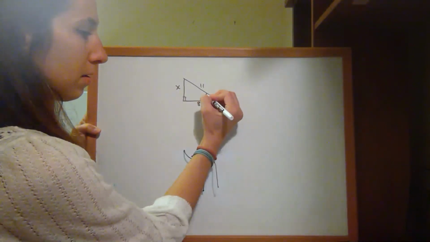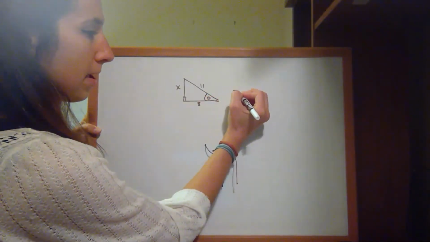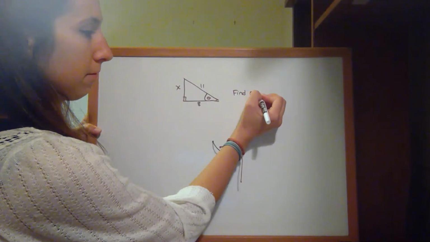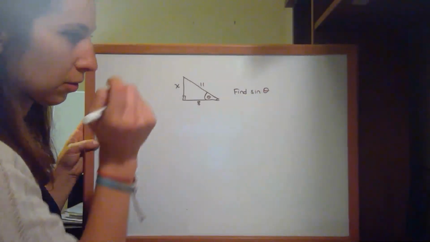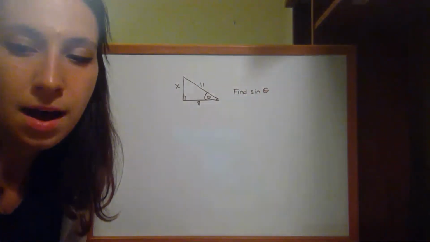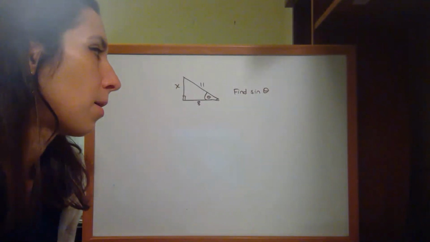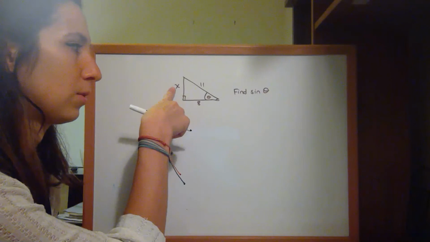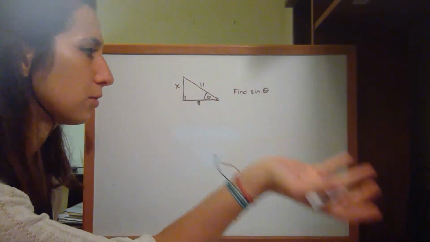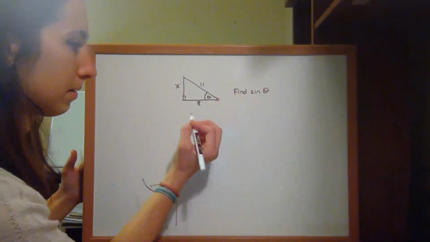Let's say here's the angle. Find the sine of theta. So for this, you would need opposite and hypotenuse. And we don't have opposite. We only have the hypotenuse. So first you need Pythagorean theorem to get it.